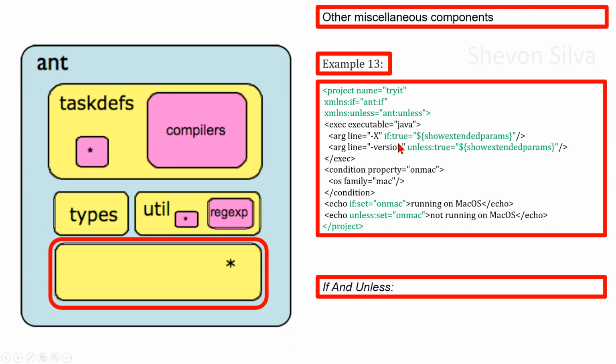The if and unless namespaces support the following three conditions: true, if the value of the attribute evaluates to true; blank, if the value of the attribute is null or empty; set, true if the specified property is set.